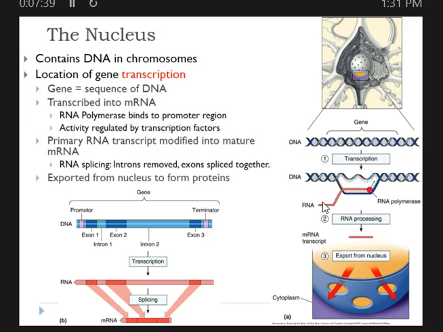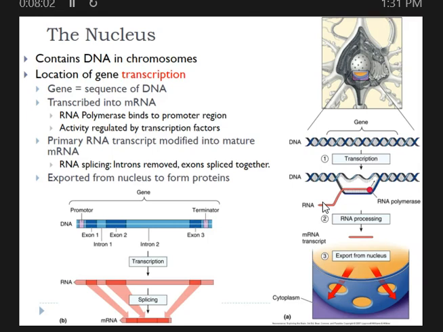Oftentimes, these actually do have function. On the DNA molecule, these might be sites where certain transcription regulators will bind, so you get to help regulate which genes are being expressed through interaction with these other areas, these intron regions, which are kind of in between. But the important ones are the exons again, and they get spliced together to form this mature messenger RNA transcript.